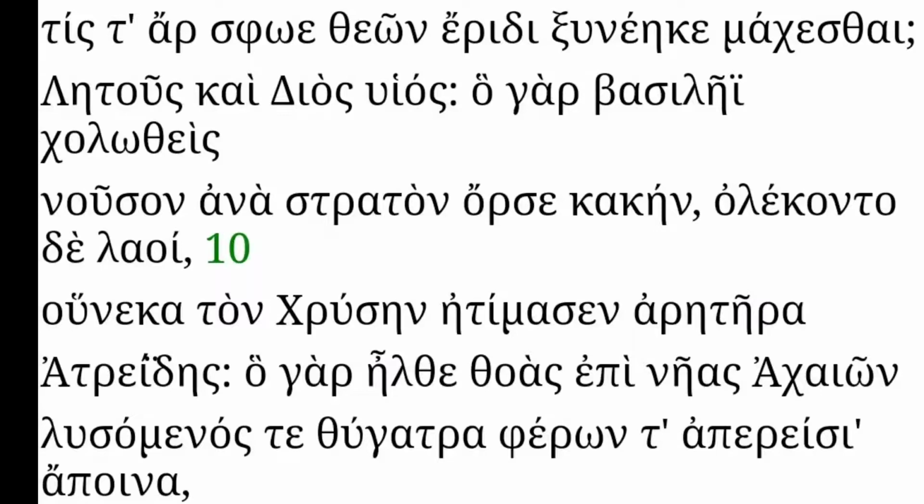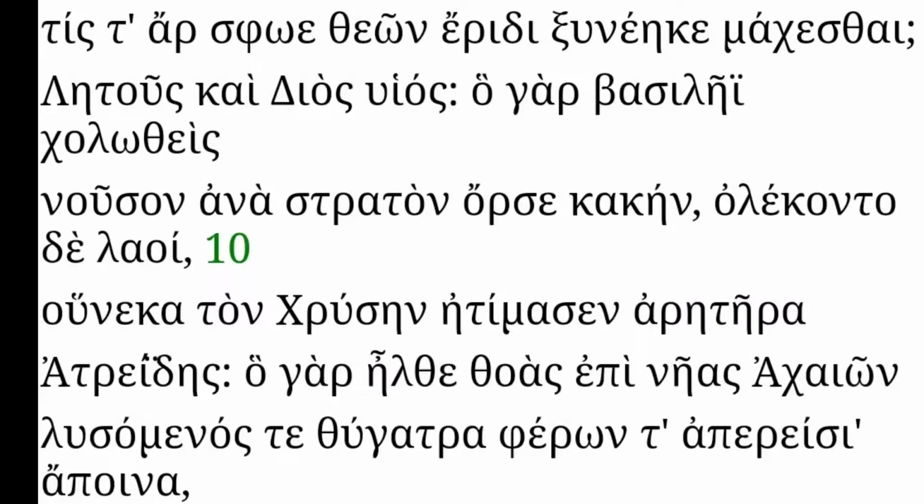Coincidence? Who knows? So eridi, you need to know the root eris, and here you have eris in the dative, eridi, threw them together to fight, and then with respect to eris, conflict. Okay?